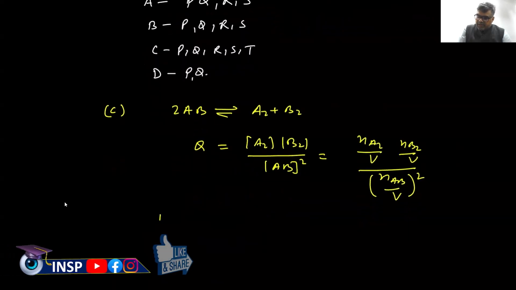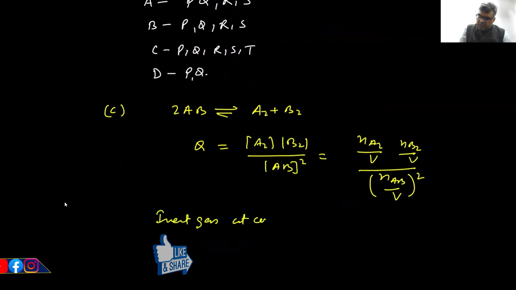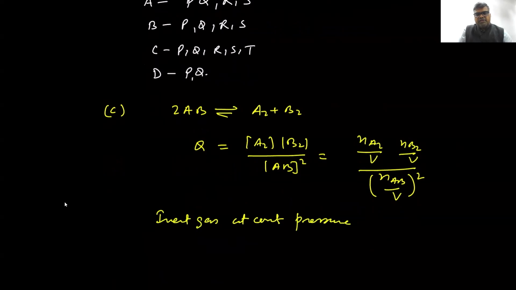So since you have added inert gas at constant pressure, if pressure is constant and moles have increased, so certainly volume has increased. And since volume will be cancelled out in this expression, Qc will remain equal to Kc.